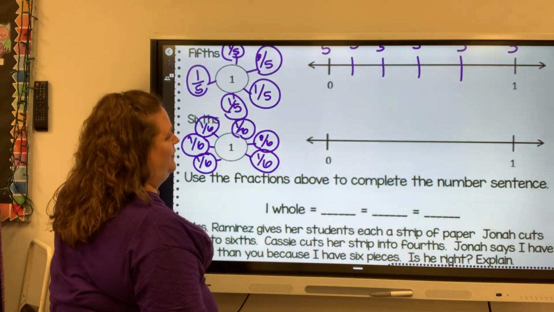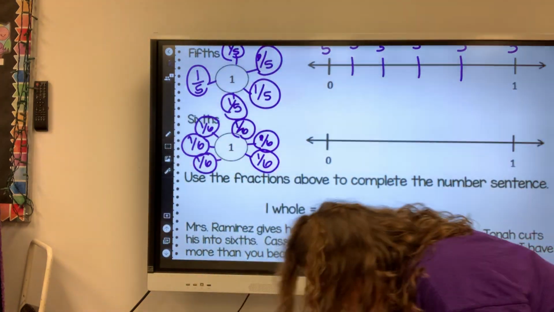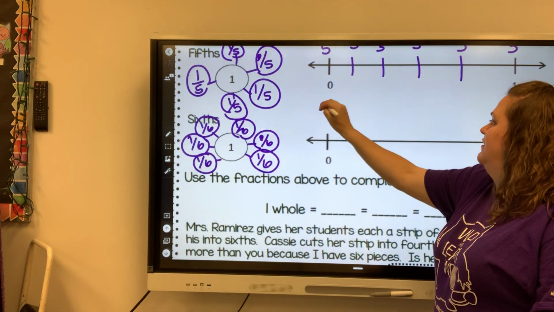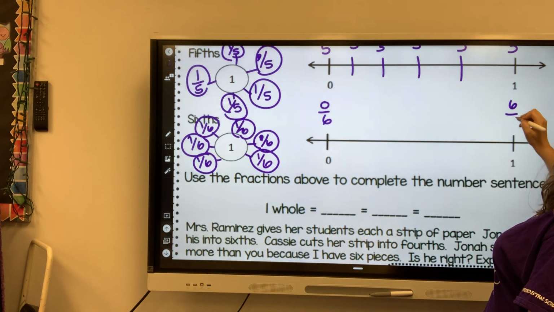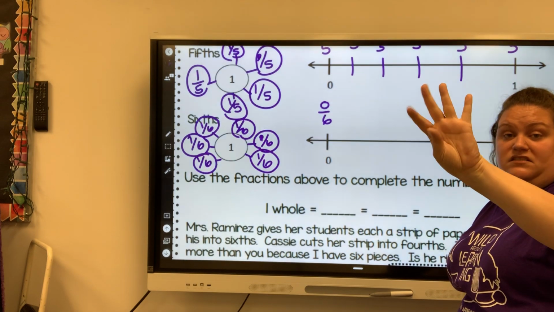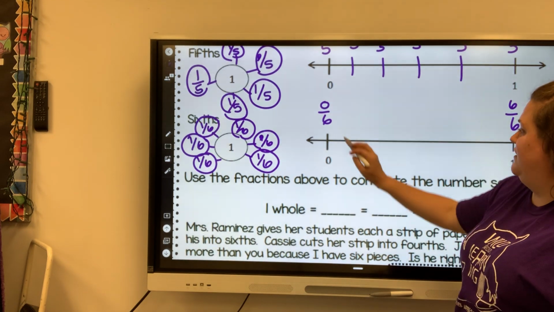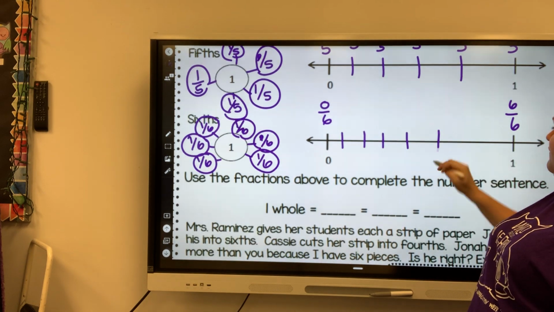And then we're going to come over here and we're going to divide this into 6. 0 will be 0/6. And then this will be 6/6. See if you can do this right. We need to draw a 1/6, a 2/6, a 3/6, a 4/6, and a 5/6. So we're going to divide it into 5. 1, 2, 3, 4, 5. That was terrible.